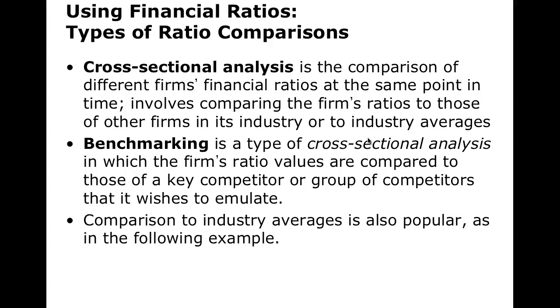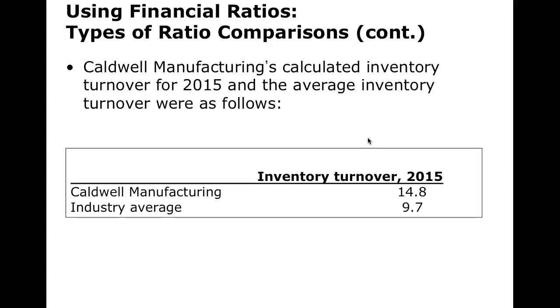And you can use benchmarking, which is a cross-sectional analysis where you look at the financial values of your company compared to competitors in a similar group, and you want to do better than them. So industry averages are very common for using this cross-sectional analysis benchmarking. So let's look at this manufacturing company. We calculated the inventory turnover for 2015, and the average inventory turnovers were as follows.